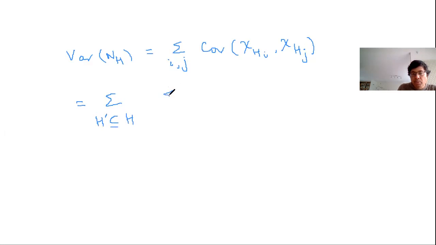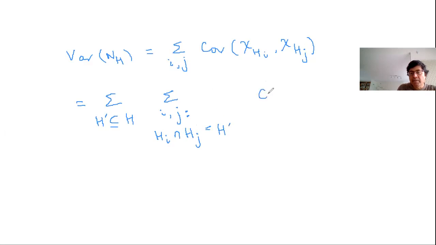Now we look at those terms in the sum. We are grouping together those terms in the sum over I and j for which the intersection of HI and HJ happens to be this particular subgraph H prime.